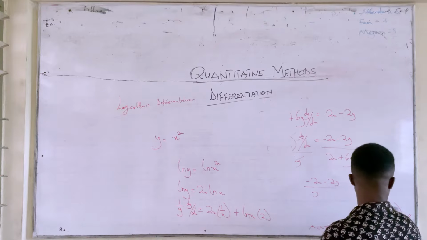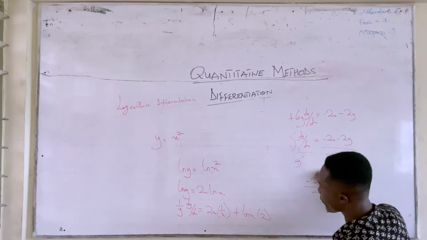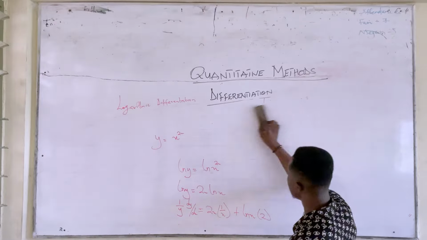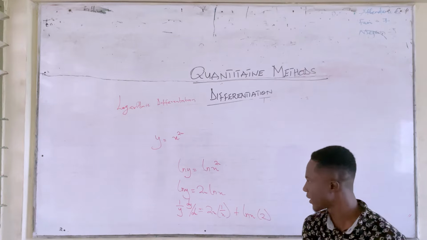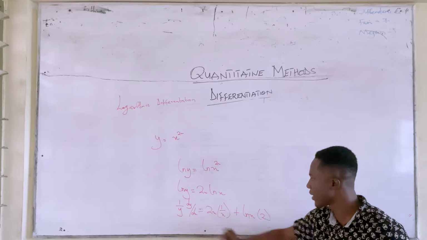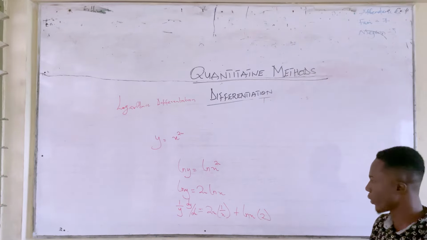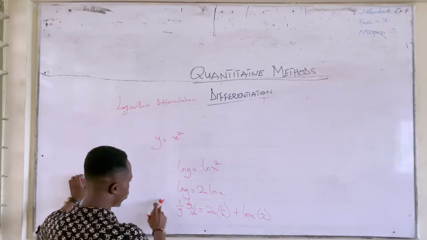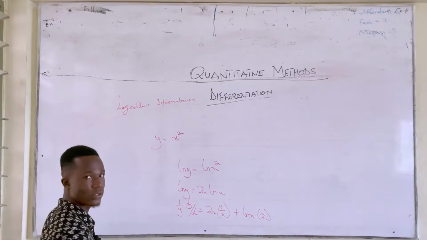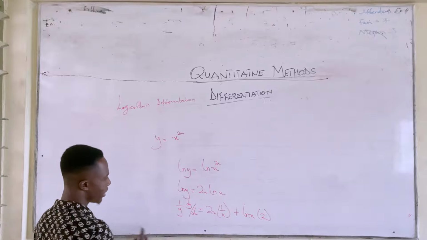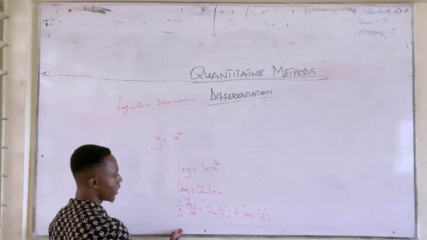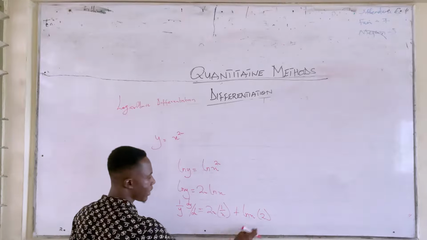Watch very carefully. Now we are going to make dy/dx the subject. We don't want 1 over y dy/dx, we want dy/dx. Do you get it? So what we have to do is multiply through by y, in order to eliminate this. You multiply here by y, the y will cancel this one. Then you multiply this term by y, this term by y.